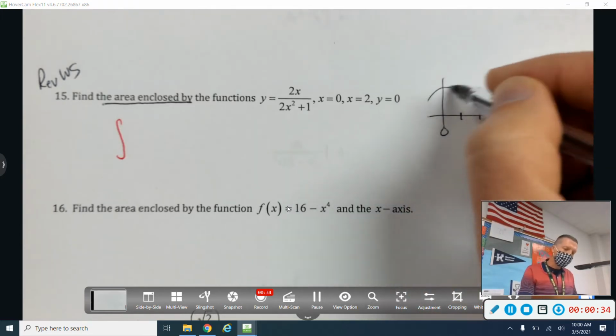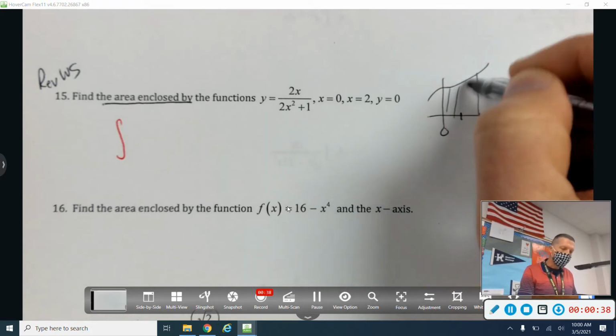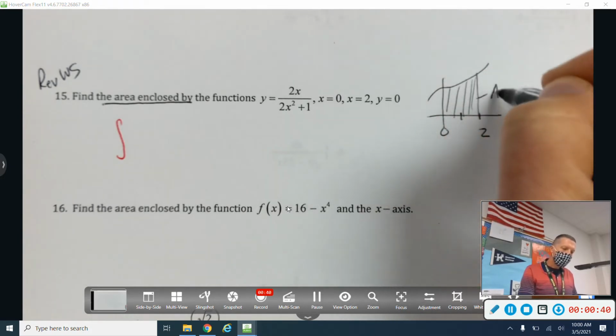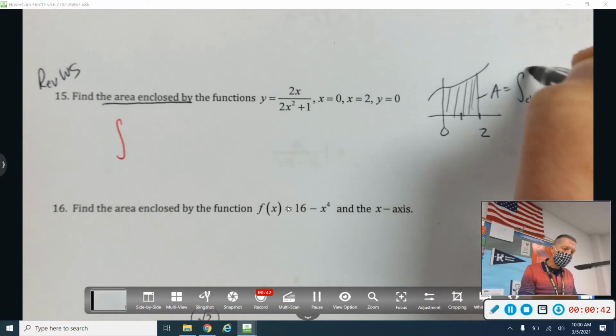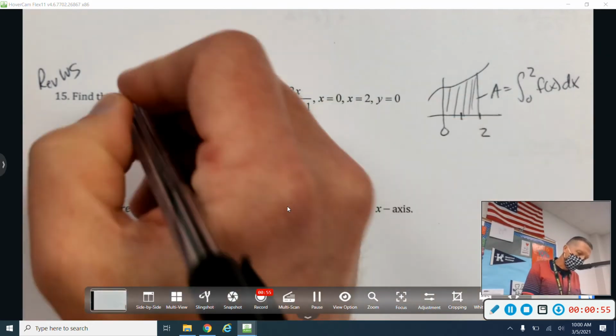And whatever it looks like, it probably doesn't look like that, but the area then is the integral from 0 to 2 of that function. So it's just a fancy way of asking you to take an antiderivative. And I guess making sure you know what the limits are, from 0 to 2.